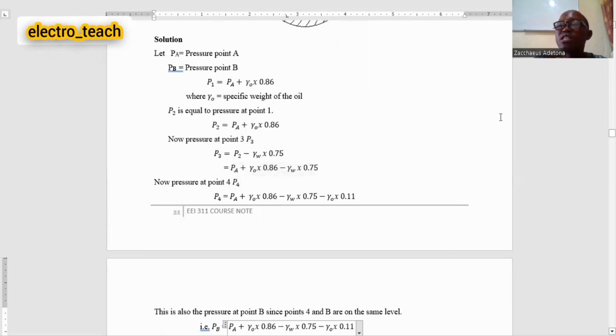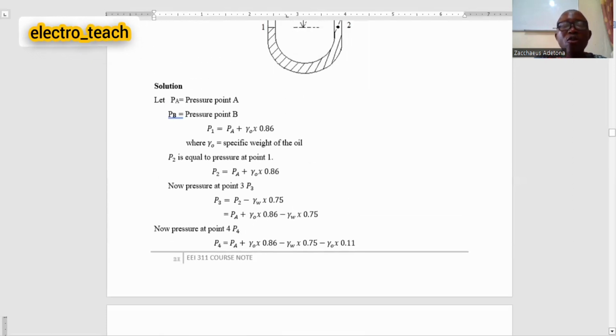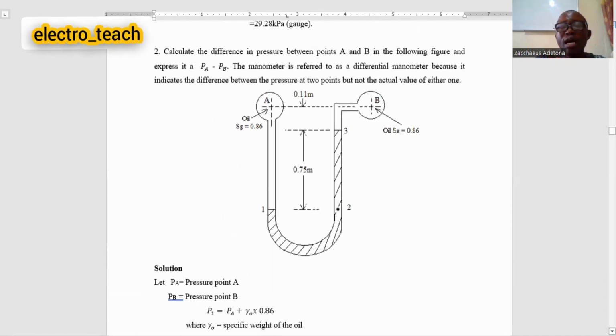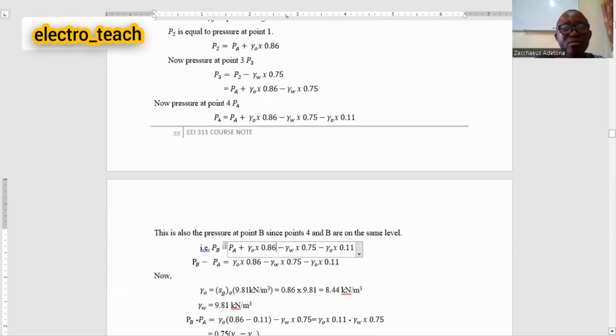Now, to determine the pressure at point 4, another distance is covered with the 0.11, and then the pressure we obtained there will be subtracted again from what we have obtained earlier. The distance is 0.11, so the pressure at point 4 can be calculated as PA plus gamma oil times 0.86 minus gamma W times 0.75 minus gamma of oil times 0.11, because that section now has oil as the gauge fluid.